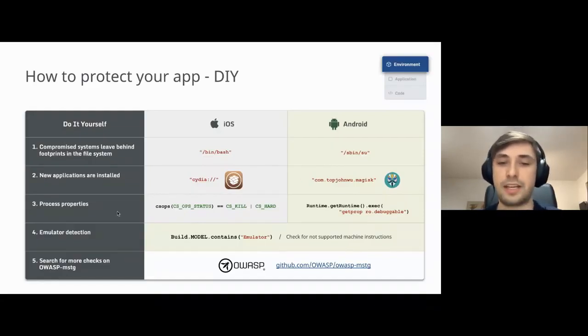Then another way to protect your app is process properties. So the operating system keeps track of process properties. And properties, for example, mean whether an app can modify itself at runtime. So, for example, if there is a CS_KILL flag present in our properties, it means that the operating system should kill the application if it tries to modify itself at runtime.